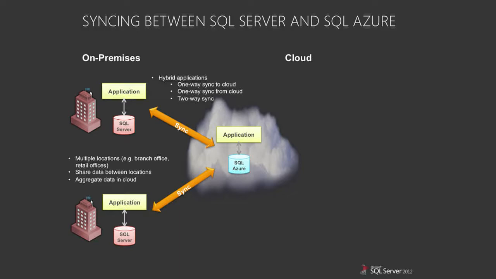Use on-premises, synchronize the data with the cloud, bring it all together, and then applications in the cloud get a global view across that consolidated data. You then make changes to that data in the cloud and then have the ability to push those changes down to each of the on-premises locations.